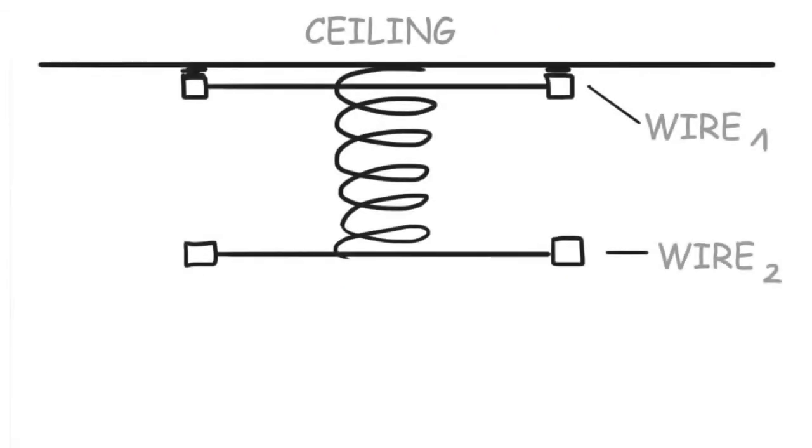Do a virtual experiment. Create two absolutely equal wires, conductors. Virtually stick one conductor to the ceiling and suspend the second conductor by the spring from the ceiling in parallel to the first. Make sure that the gravity axis of both conductors is on the one vertical line.